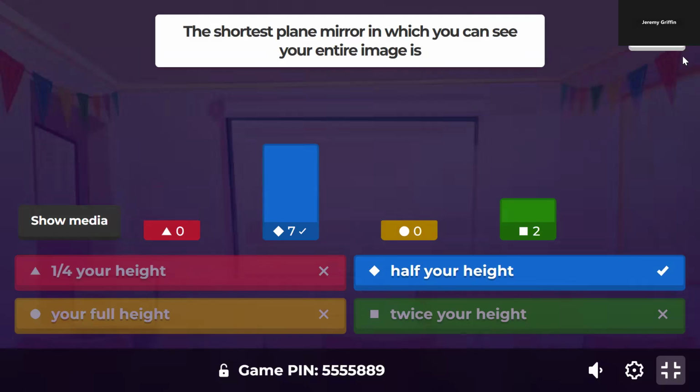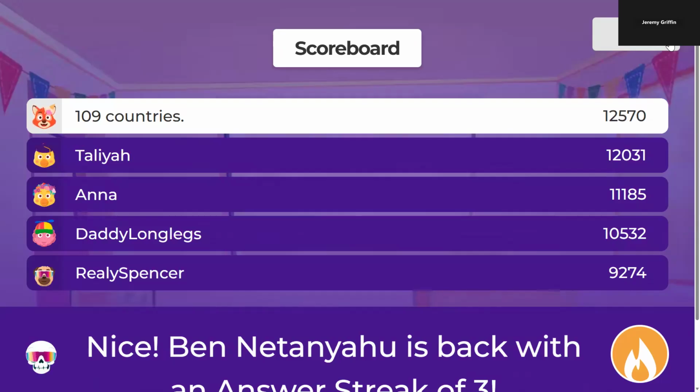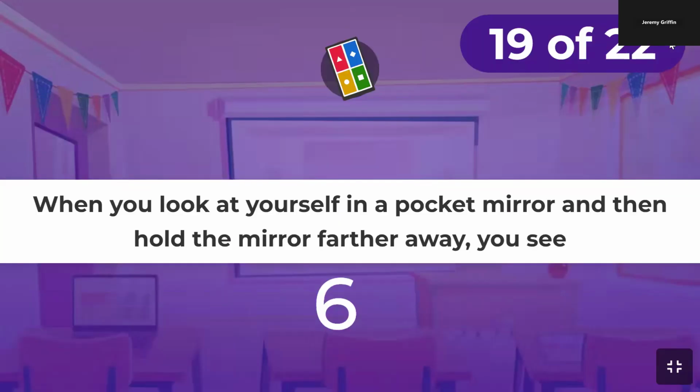Yeah. Okay. And so I got a poster on that. I gave you guys some notes on that the other day. Yeah, if you're 6 feet tall, you have a 3-foot mirror. If you position it just right, you can see your entire reflection.